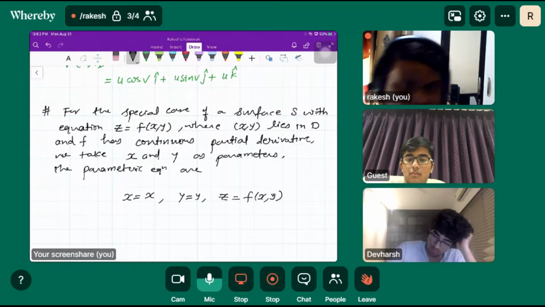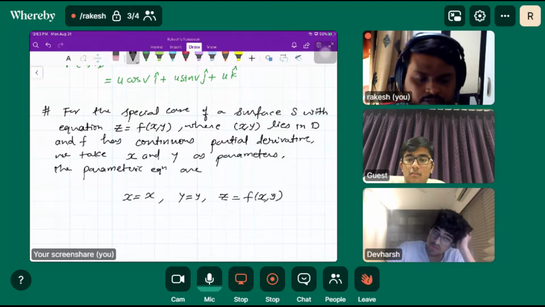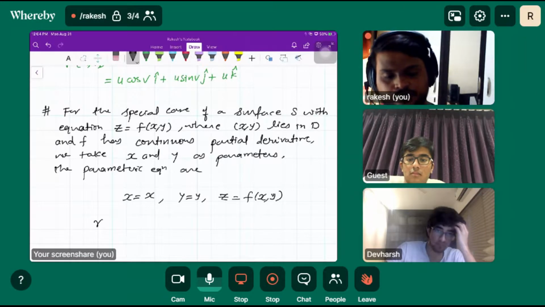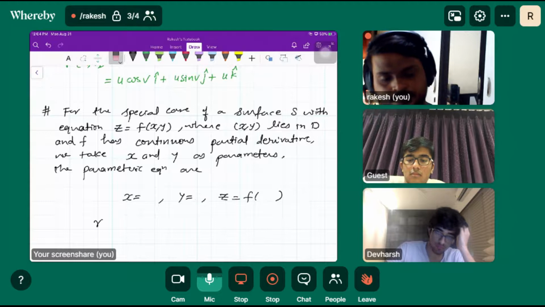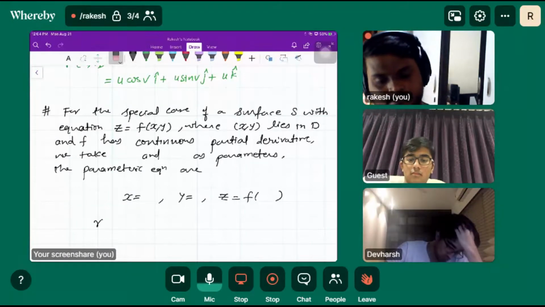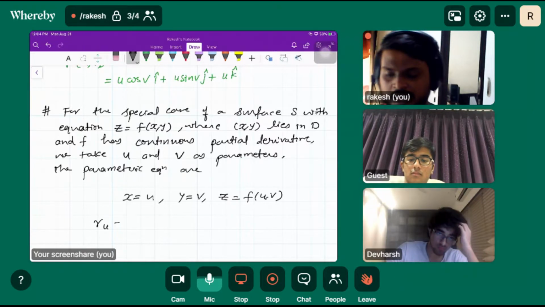Instead of x and y we can take u and v also, no issue with that. You may be confused because of many notations, u and v. So what would be r_u?